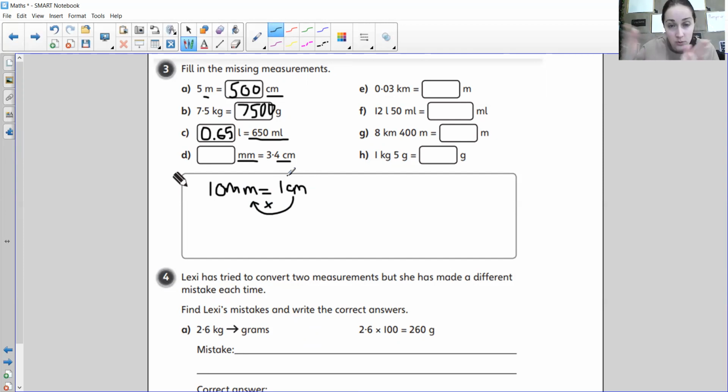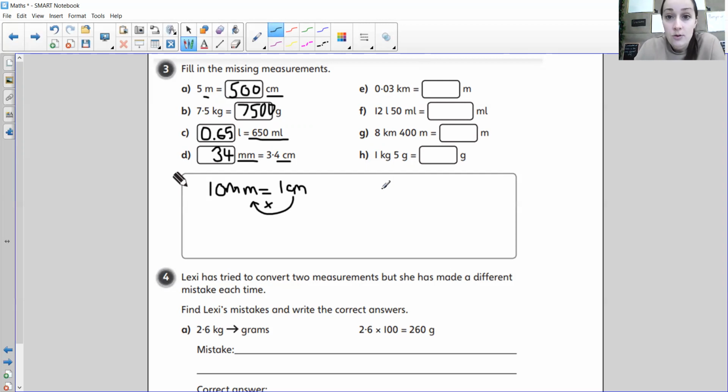I need to split this 1 centimetre into all the 10 millimetres. So I'm timesing. So I'm going to do 3.4 times 10, which means I move it 1 place, which would be 34 millimetres. And I can check this one using my ruler. There's 3.4 centimetres. So if I counted, I'd have 10 millimetres, 20, 30, 34 millimetres.